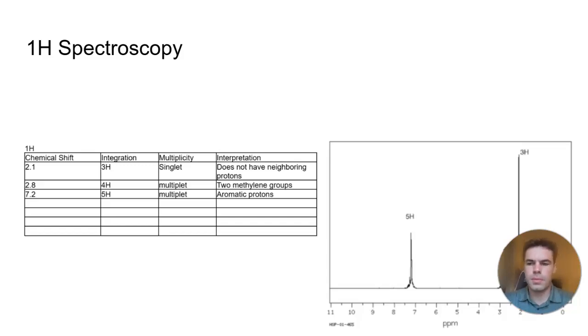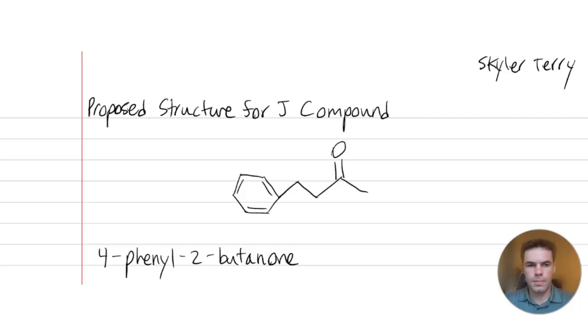And so this comes out to be 4-phenyl-2-butanone. And this can also be written as 4-phenylbutan-2-one, depending on which IUPAC standard you go by.